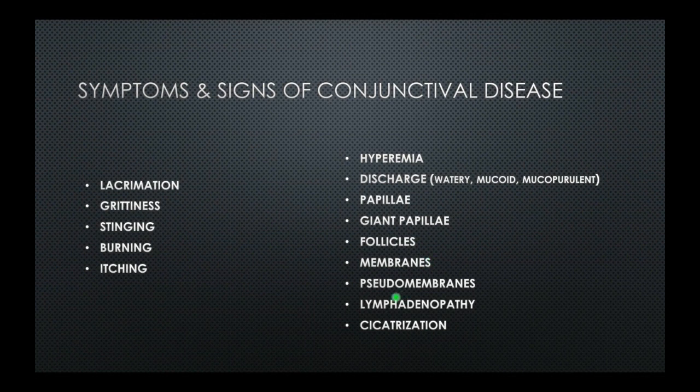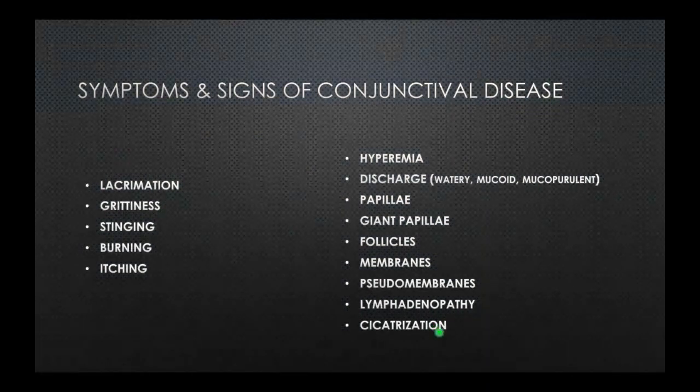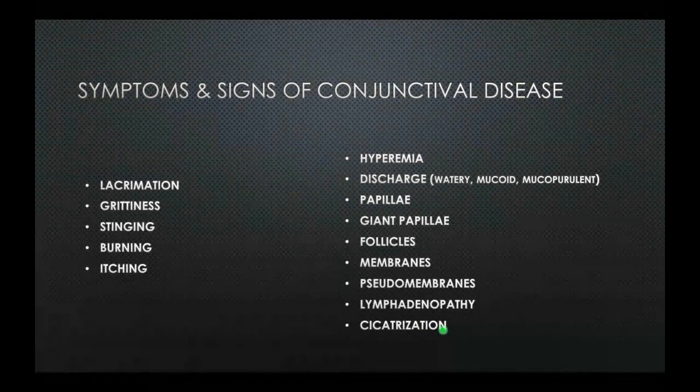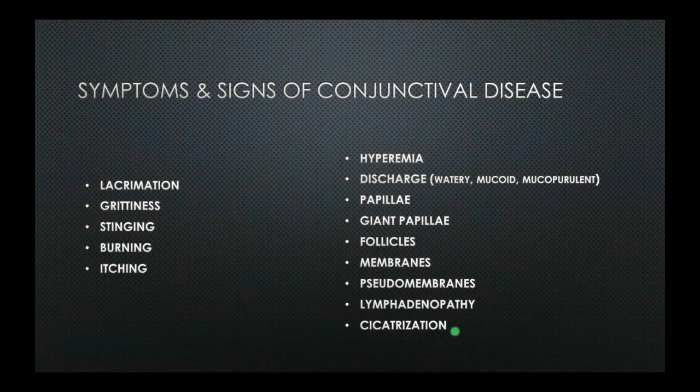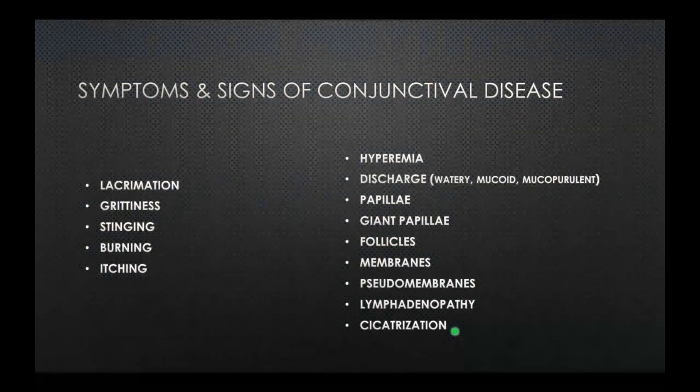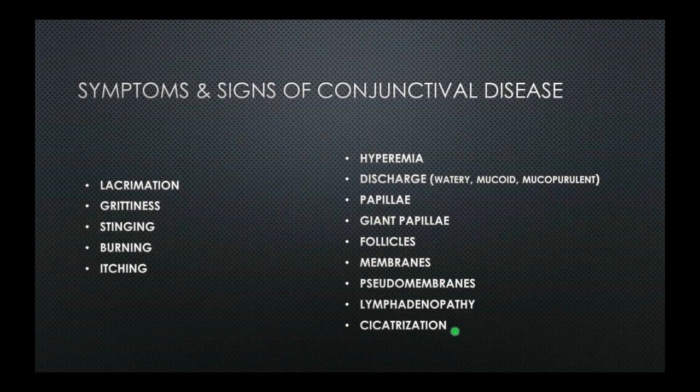All right? You can have lymphadenopathy, or you can actually have scar tissue in the eye. Scar tissue in the eye is very important in entities like trachoma. But when you have these chronic and continuous inflammatory responses to conjunctival disease, you will start to see cicatrization of the conjunctiva. You can actually start to see blood vessels growing onto the cornea and certain levels of corneal opacity.